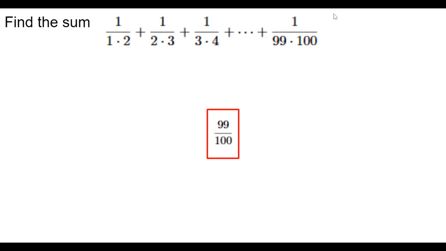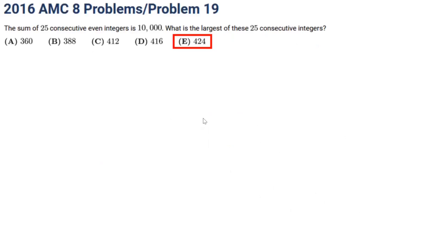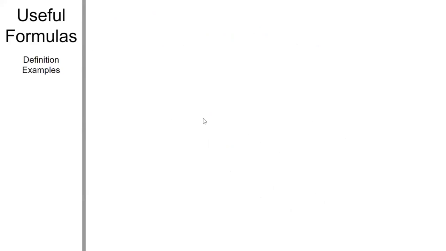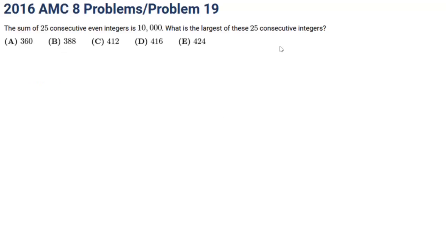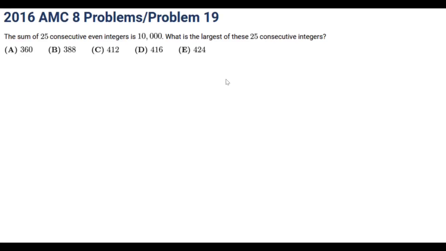All right, let's go back to the problem I did skip over, which is not all useful formulas. I think I already went over the useful formulas in the other sections, so that's why I'm skipping over it. So I actually showed the answer here. That's fine. You can still try to figure out this method.